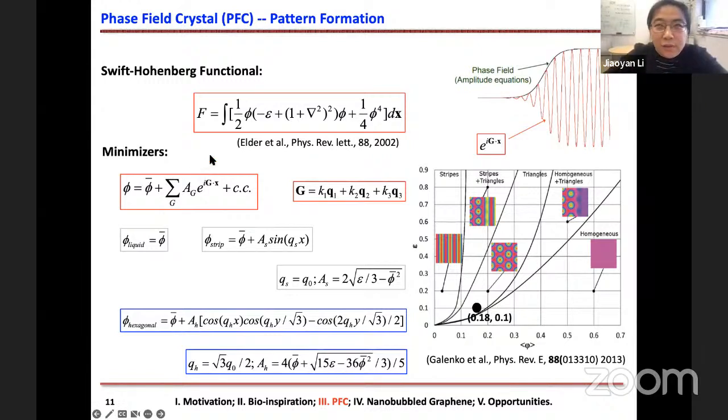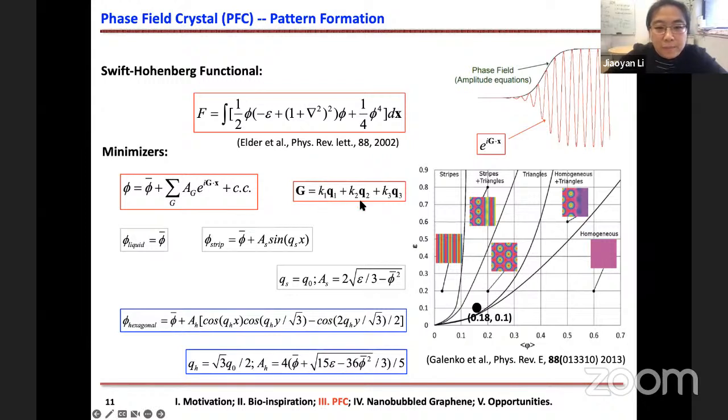In fact, the traditional phase field crystal is based on construction of the free energy function. Here, I think this free functional is more complex than the traditional phase field model. We can see a fourth order term for this phi function, and in this phi function, it is further developed as a function of the lattice vector and also the amplitude.